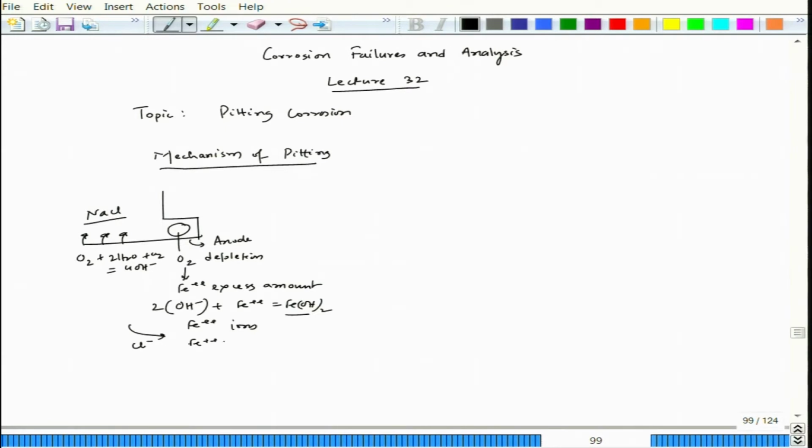Chloride ion comes in and reacts with Fe++ just to neutralize that excess positive charge within the crevice, and this then hydrolyzes with H2O to generate Fe(OH) plus H plus and chloride minus.